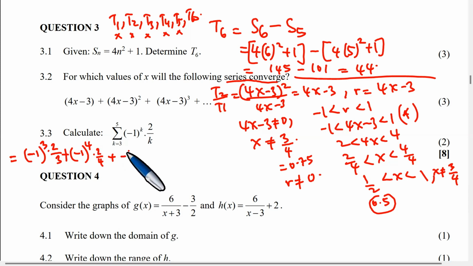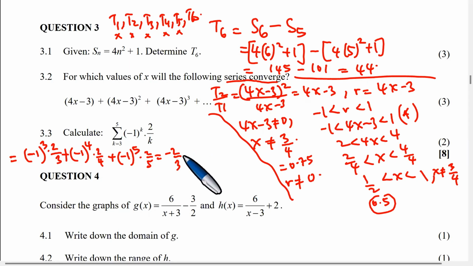Next, you put 5. You cube this, which is -2/3. Now this one is -2/5. You divide by 30. 30 is the LCD.